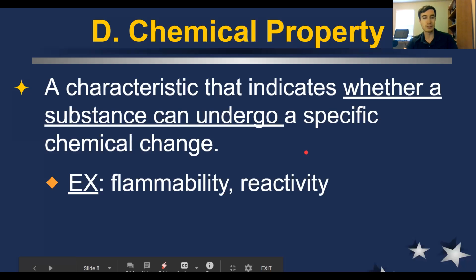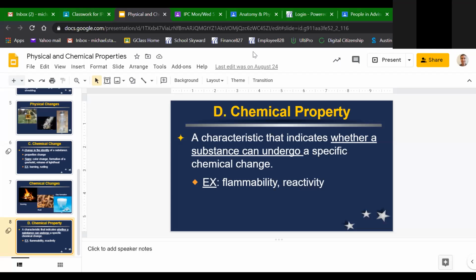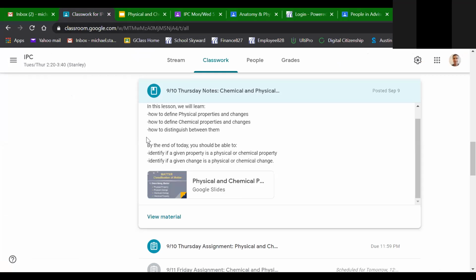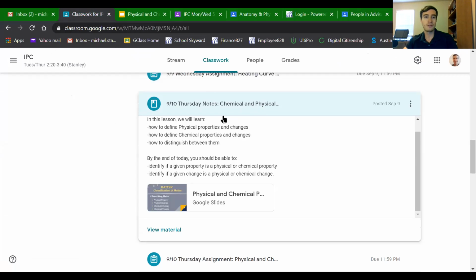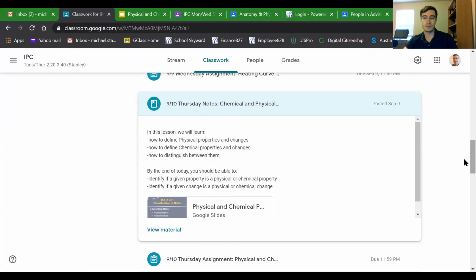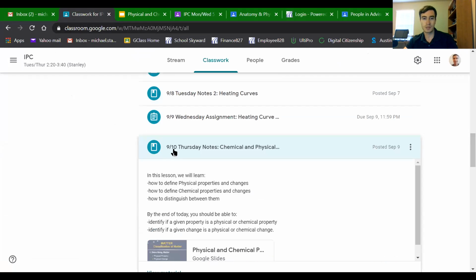All right, so speaking of the homework for today and tomorrow, let's take a look at what that looks like. Like I said, you can get to these exact same notes yourself if you go to our Google Classroom, and this is under today, September 10th, Thursday, chemical and physical properties and changes.